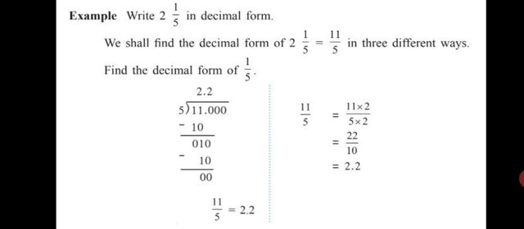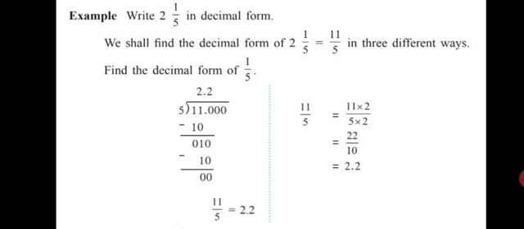So let's see the first method. To find the decimal form of 11 upon 5, not 1 upon 5, 11 upon 5, we will divide 11 by 5. So, what are we doing here? 5 twos are 10.